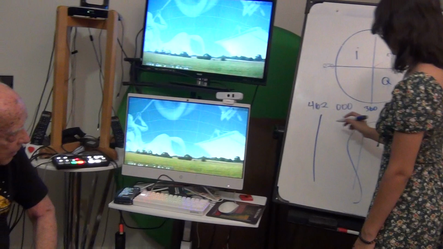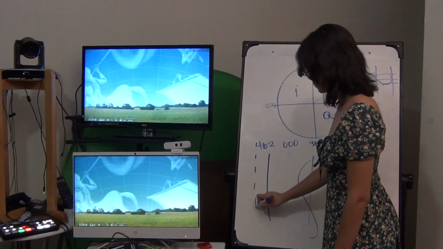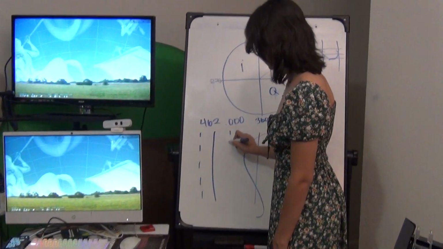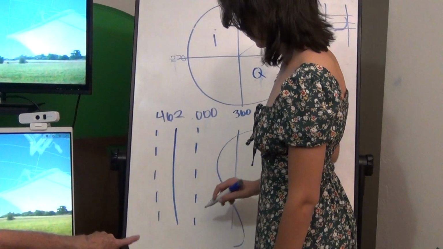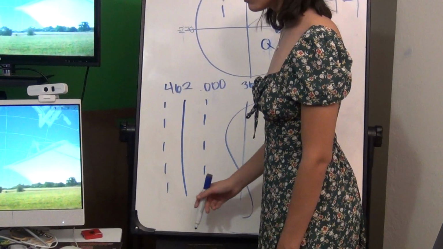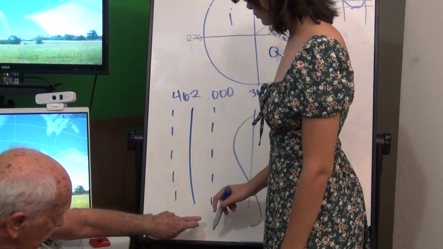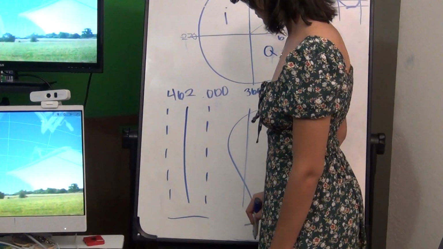Then you've got to shove all this stuff in there, and you're going to have a bandwidth. So draw dotted lines on both sides of there. And then a distance there, a line. That's your bandwidth.